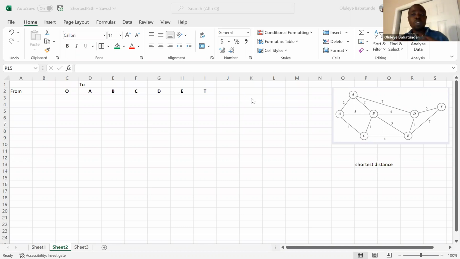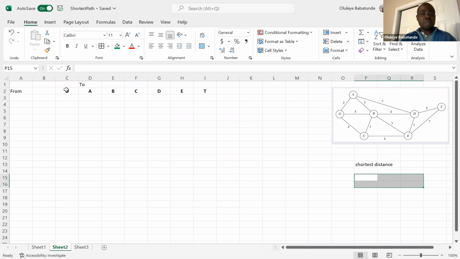So I want to use Microsoft Excel to compute the shortest distance between the origin node O and the destination node T. So I'm starting from O, I'm going to T. Which of the paths will give me the shortest distance? That is my objective.